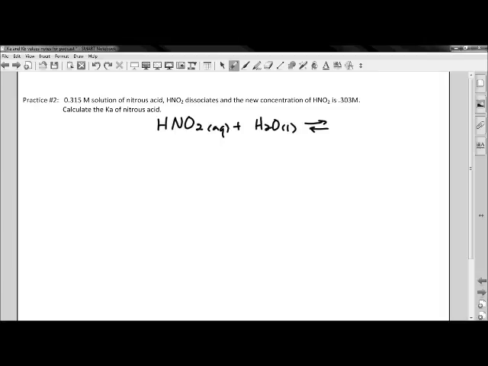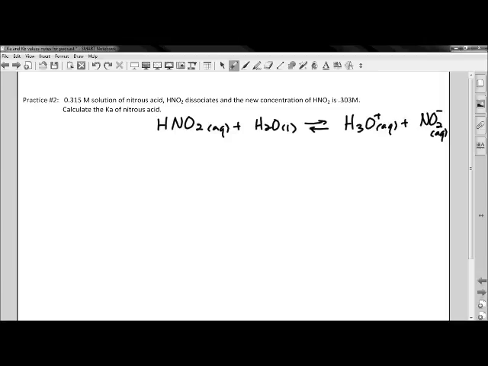Again, if I'm asking you to calculate the Ka value, it's going to be a weak acid here. So what are we going to make? Well, once again, we make our hydronium ion, and we make a most lovely nitrite ion floating around.